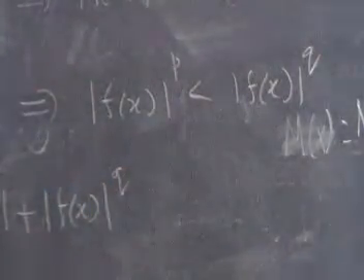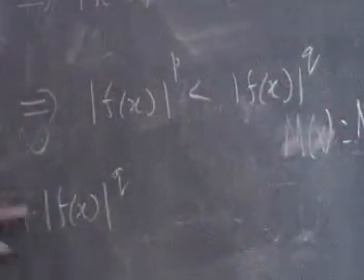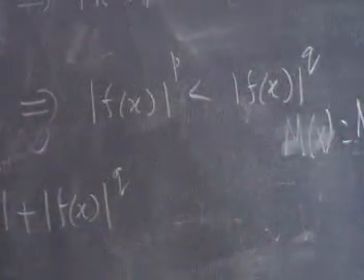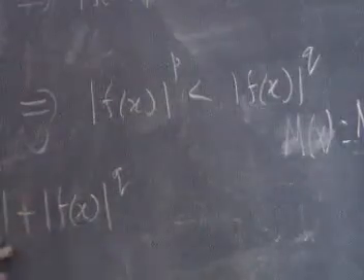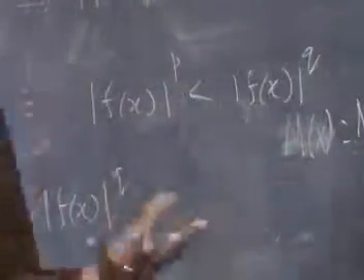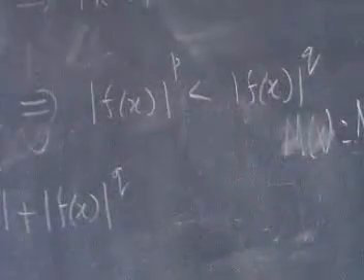When it is less than 1, this term itself takes care of it. When it is greater than 1, that term takes care of it. So by combining these two, I dominated mod f(x) to the power of p by one single quantity.